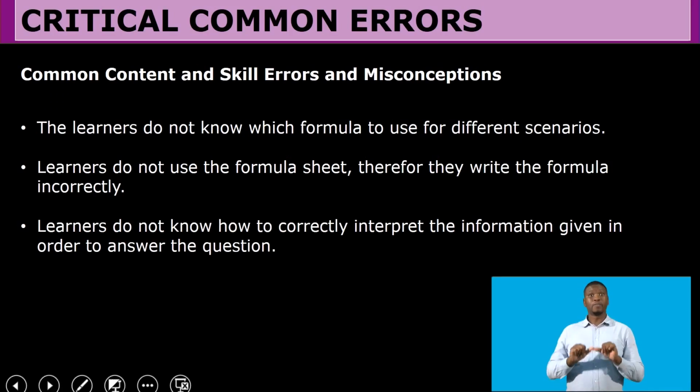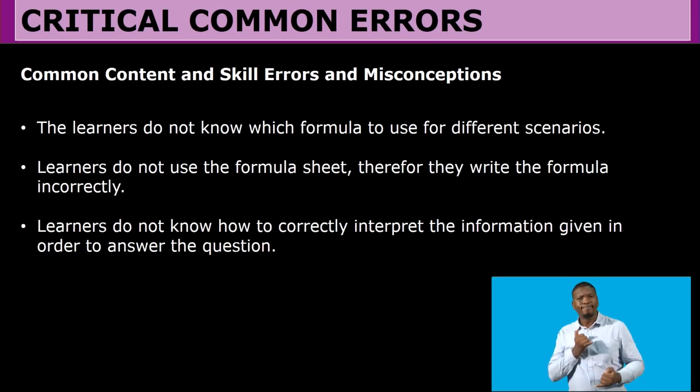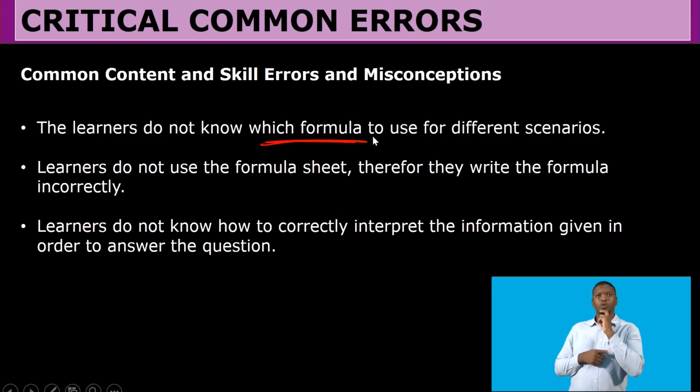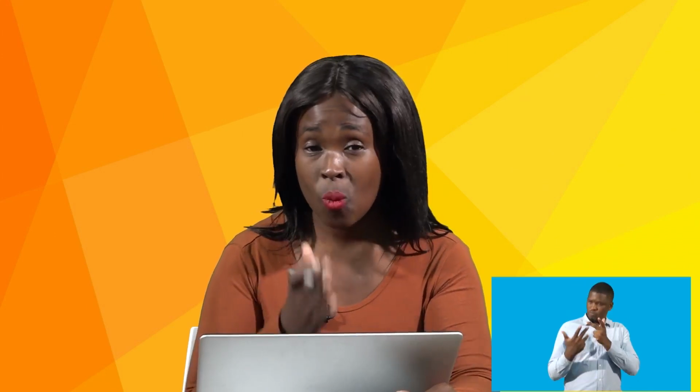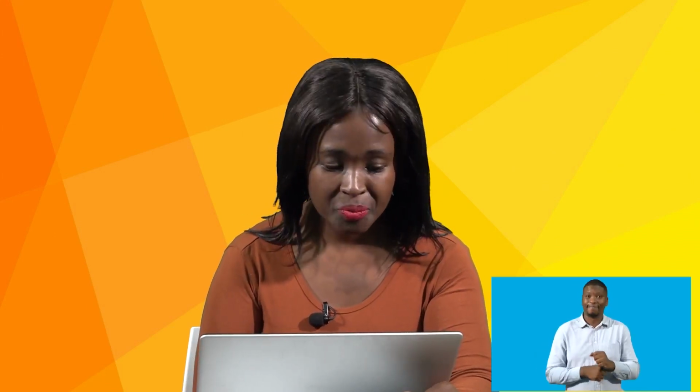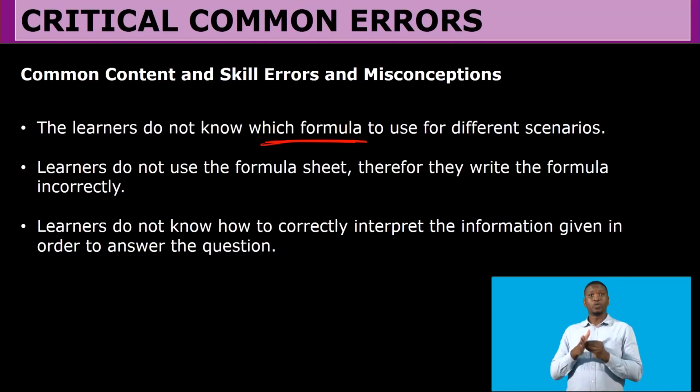Let's look at the common content and skill errors and misconceptions. Well, firstly, the learners do not know which formula to use for different scenarios. So you need to make sure that you will know which formula to use when you are faced with different scenarios. Learners do not use the formula sheet, therefore they write the formula incorrectly.